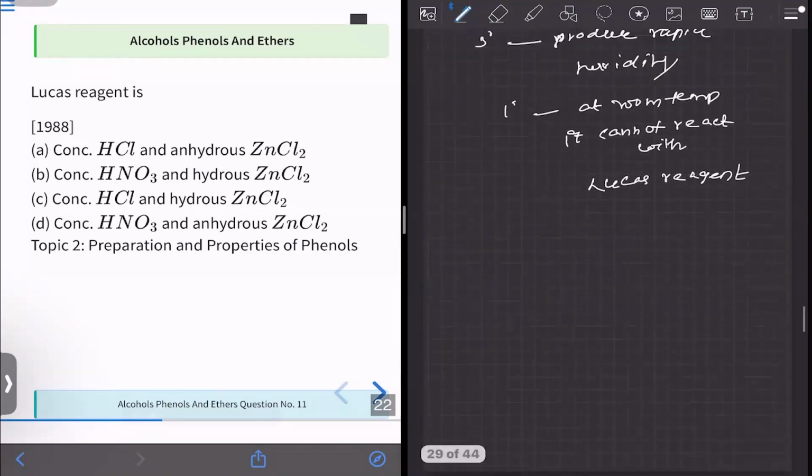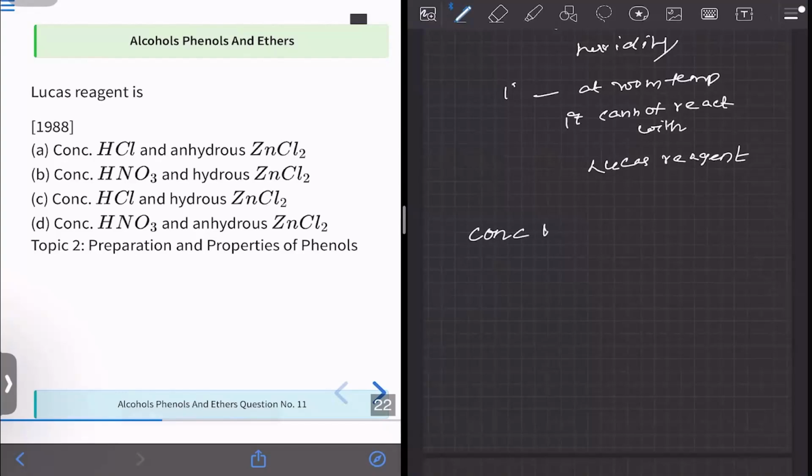What is Lucas reagent? It is concentrated HCl plus anhydrous zinc chloride salt. It is option A.